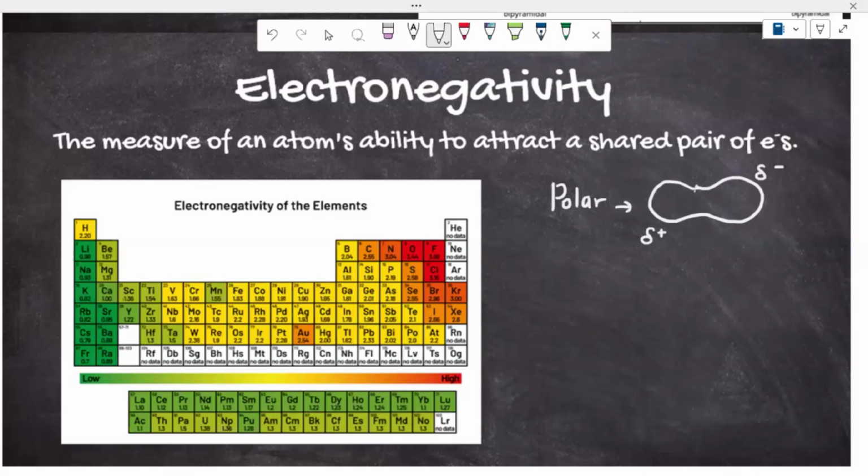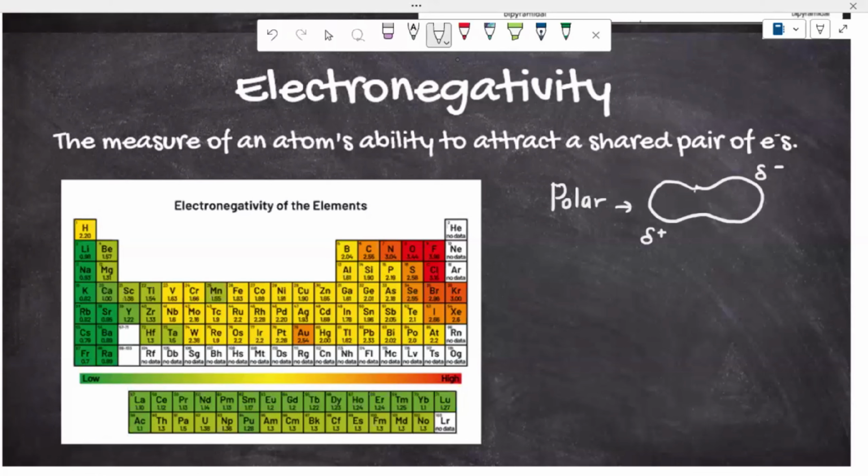So polar means polar opposites, opposite ends, where there's an uneven distribution. So we end up having a more positively charged side and a more negatively charged side, right? So what your electronegativity does, it affects polarity of a molecule because it depends on where our electrons are actually sitting, right?